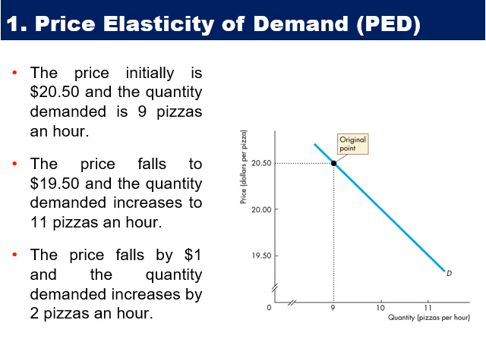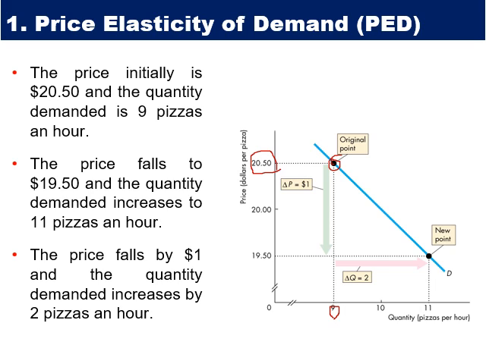Now, let's use this example to clarify the idea. This graph shows us that the quantity demanded of the pizza changes in response to a change in its price. As we can see at the original point here, the initial price of pizza is $20.50, and the quantity demanded at this price is 9 pizzas.